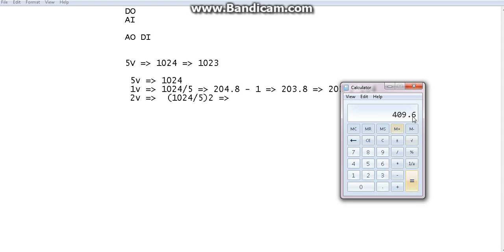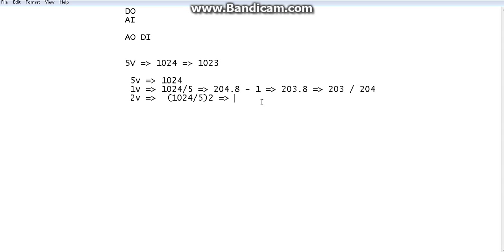It's 409.6. So I will have 409.6 units, and I will subtract 1, and I will get 408.6. I'm sorry again. So it will give you the value as either 408 or 409, whatever it is. You have to test it, right? You get one of the two values.